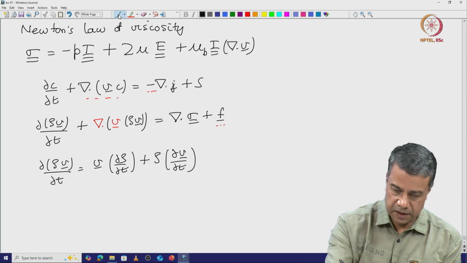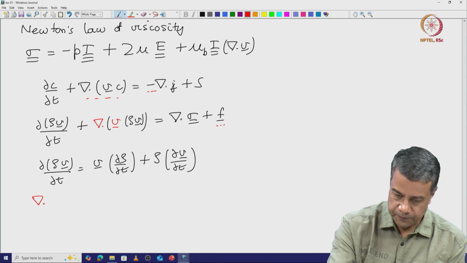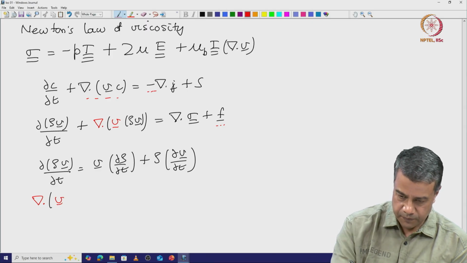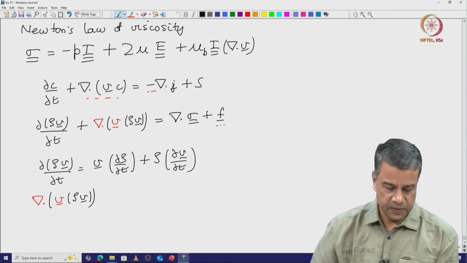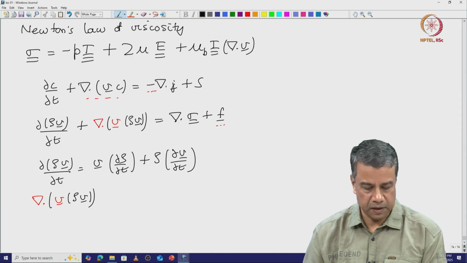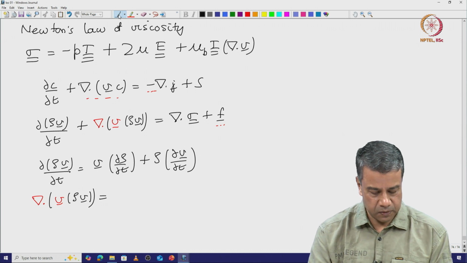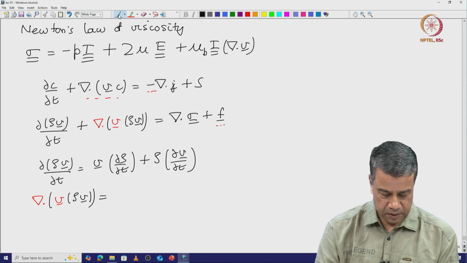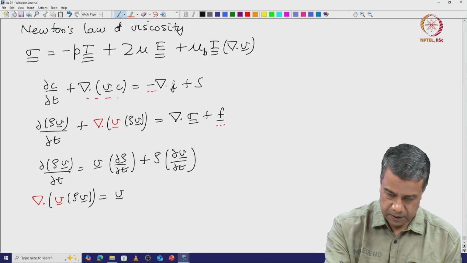So, let us look at the second term here, del dot rho V V. The dot product is between the red V and the red gradient. First, I will take the derivative with respect to the red V.